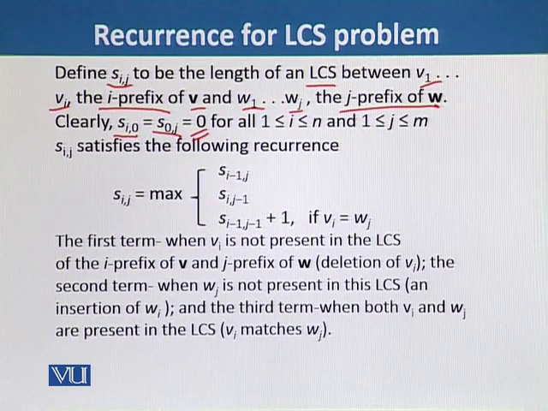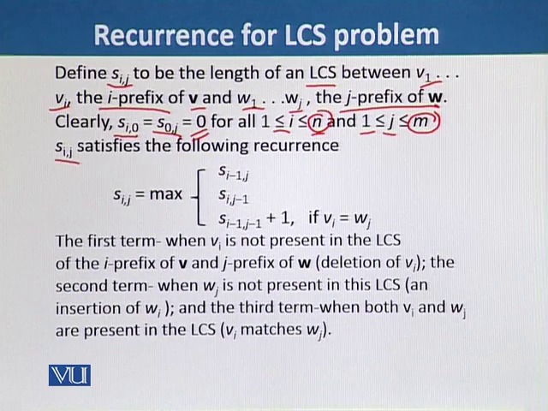And for all of these, 1 should be less than or equal to i, and i should be less than or equal to n, and similarly 1 less than or equal to j, and j less than or equal to m. Here m and n are the numbers of characters in the V and W strings.